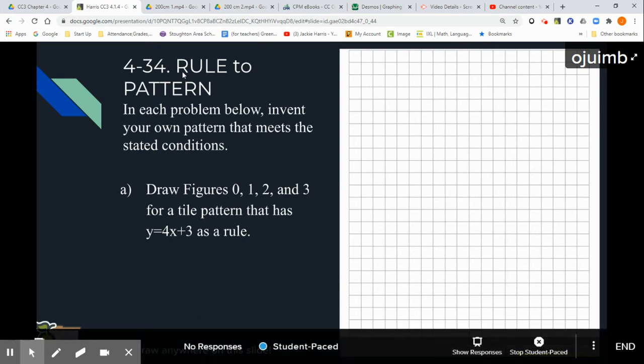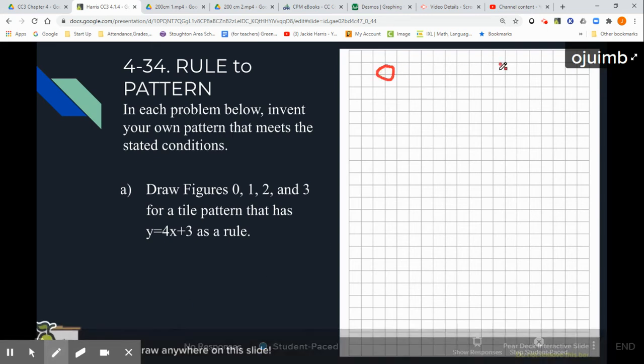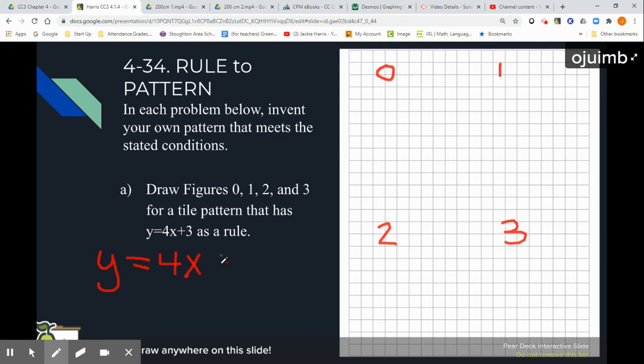Then it says use the rule to get a pattern. So we're going to draw figures 0, 1, 2, and 3 for a pattern that starts off according to this rule. So if y equals 4x plus 3, we know that we're starting with 3 tiles.